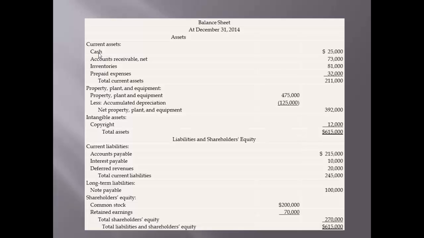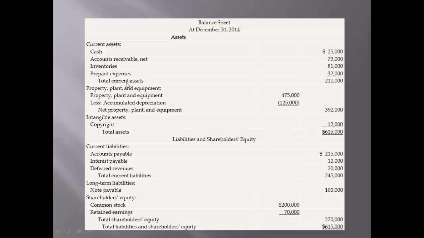Examples of current assets are cash, accounts receivable, inventories, prepaid expenses, all of which provide future economic benefit to the company. And of course, recall that they are expected to become cash or consumed within 1 year or the operating cycle, whichever is longer.